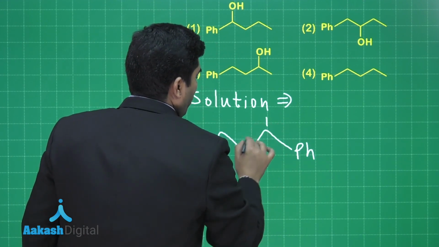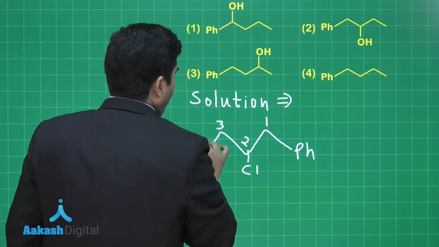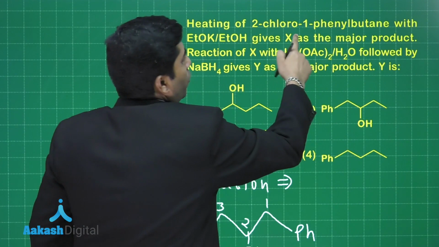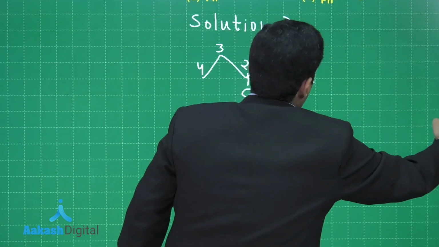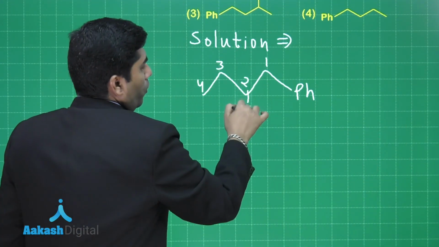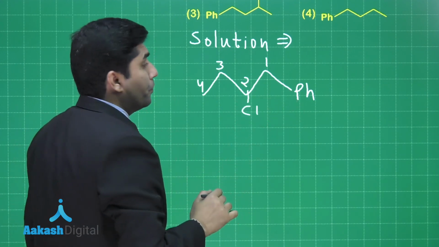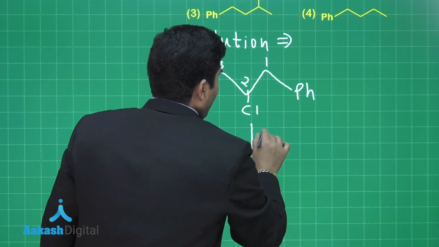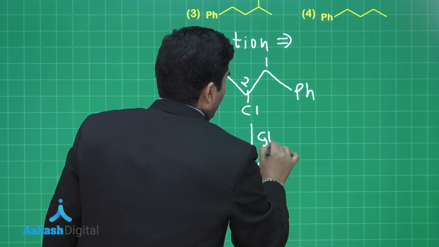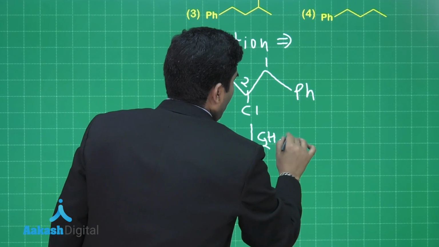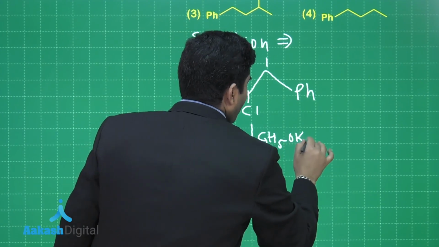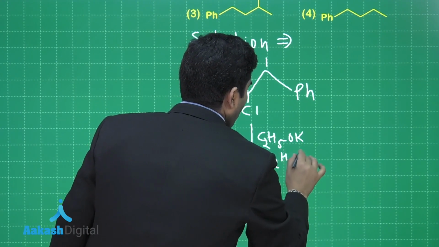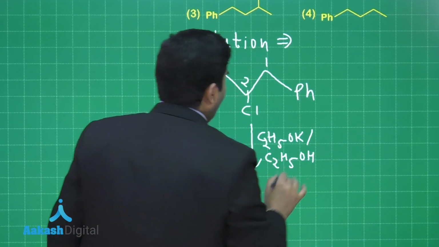Now this compound, 1, 2, 3, 4. So it will be 2-chloro-1-phenyl-butane. So you can see it is 2-chloro-1-phenyl-butane, right? Now what he is doing, he is adding potassium ethoxide in the presence of ethanol.